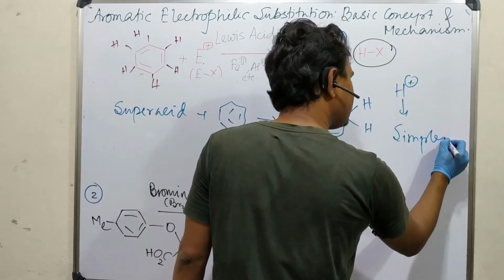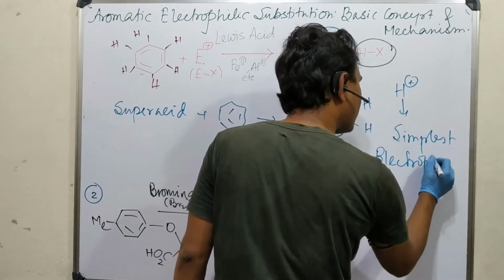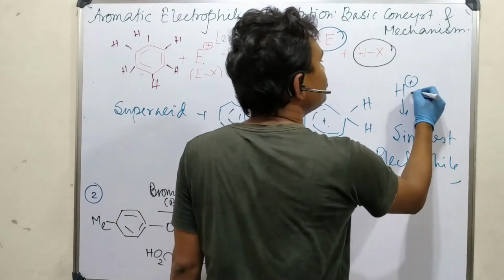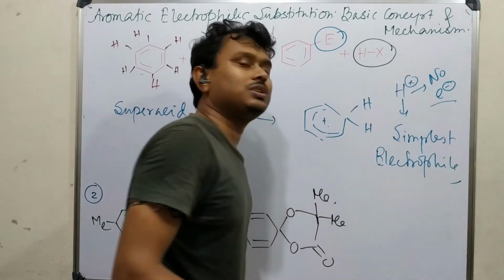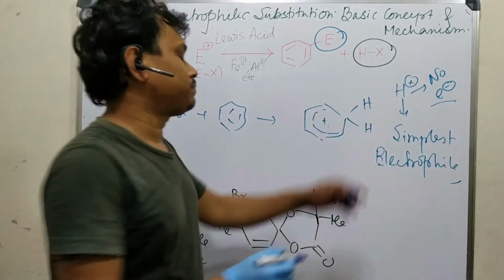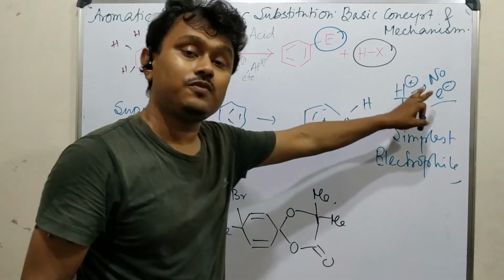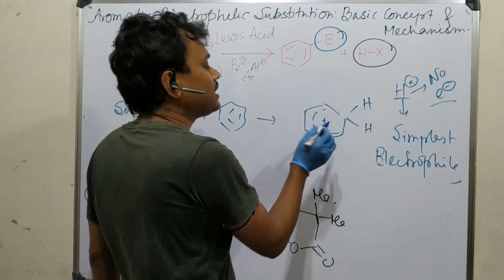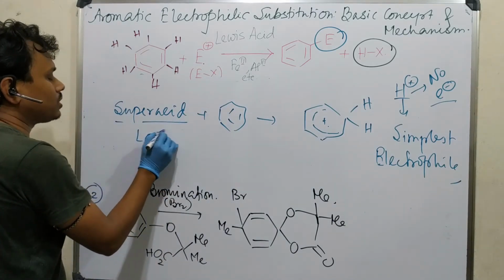Why am I saying simplest electrophile? Because it has no electron. Only one proton is there, meaning it contains only one proton in the nucleus. No electron is there, so it's electron deficient. But this could be done only using superacid under low temperature.